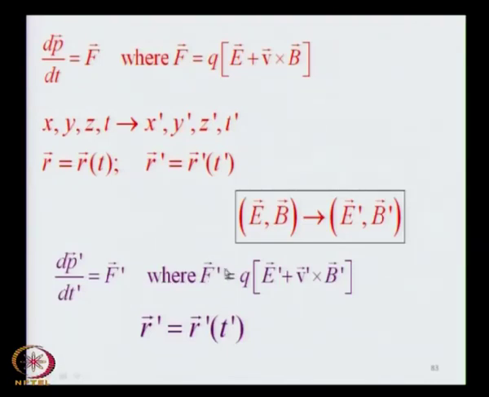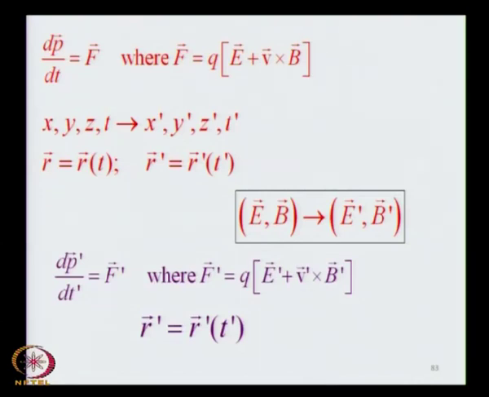Not only that, because E and B transform to E prime and B prime, the force is given by F prime rather than F, because E is no longer E, it is E prime, v is no longer v, it is v prime, B is no longer B, it is B prime, but then in the primed frame you are still talking about the same electromagnetic interaction, namely the Lorentz force.